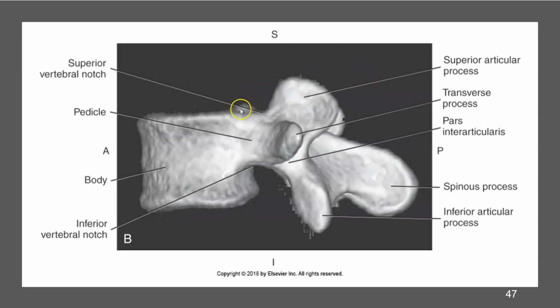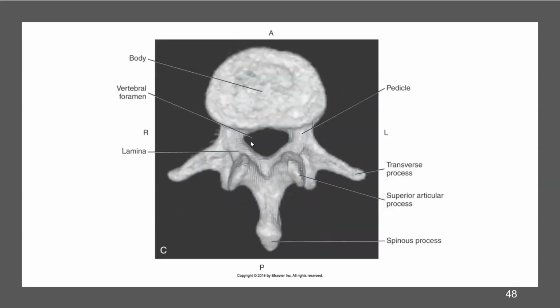All right, so right here is your superior vertebral notch with your superior articular process, and we have your transverse process, pars interarticularis, your spinous process, inferior articular process. So you have your superior vertebral notch and your inferior vertebral notch with the body, and your pedicles right in there.